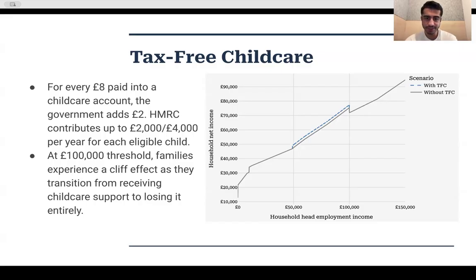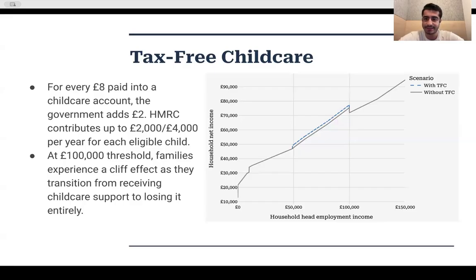Here you can see an example of a household with one child. We are showing the household head employment income on the x-axis, and the net income on the y-axis. You can see that with the TFC, we have higher net income in a range of head employment income.